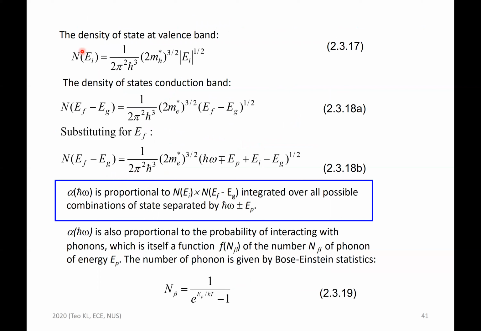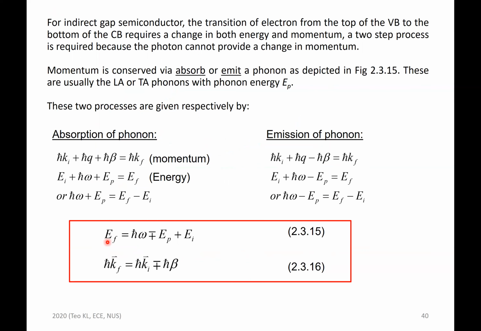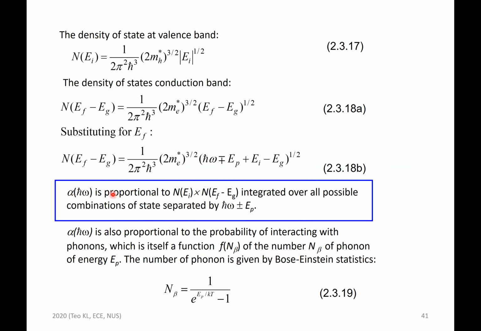So I have the density of state in the valence band and the density of state in the conduction band. And if we substitute EF in equation 2.3.15 into this equation, EF of course involves emission and absorption of phonon, so you have minus plus.